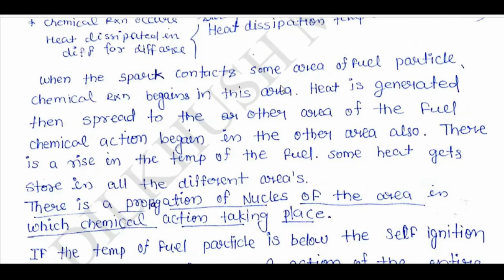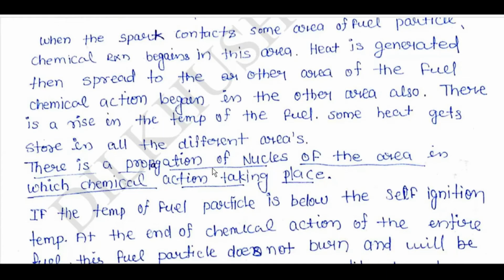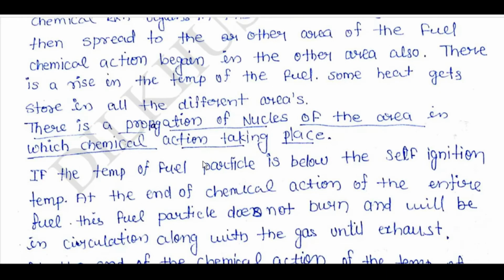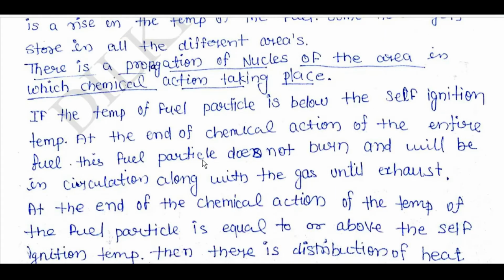When the spark contacts some area of a fuel particle, chemical reaction begins in this area. Heat is generated, then spread to other areas of the fuel. Chemical action begins in the other areas also. There is a rise in temperature of the fuel. Some heat gets stored in all the different areas. There is propagation of the nucleus of the area in which chemical action is taking place.